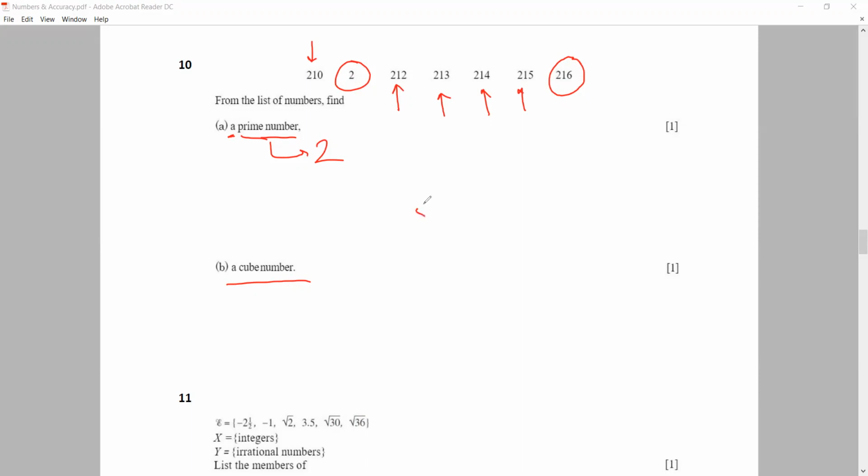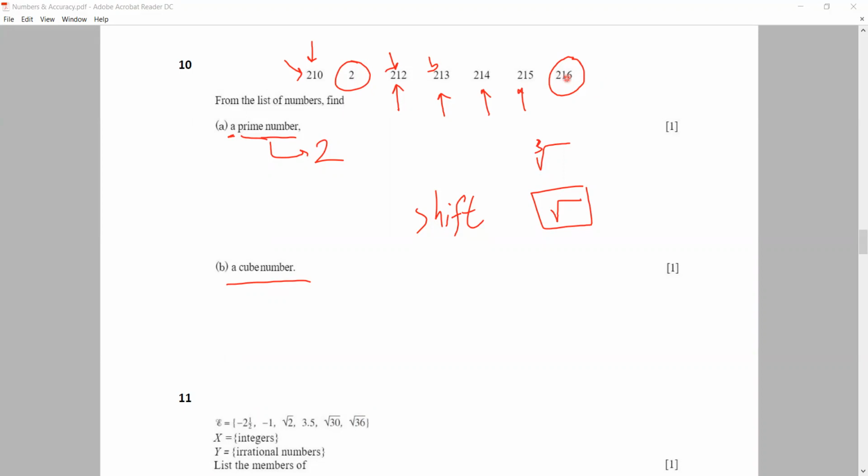On my calculator, I have to press shift and then the square button, because above it you can take the cube root. So you have to take cube roots of each of these numbers. And if you get a round number, an integer, as the answer, then it means that number is a cube number.